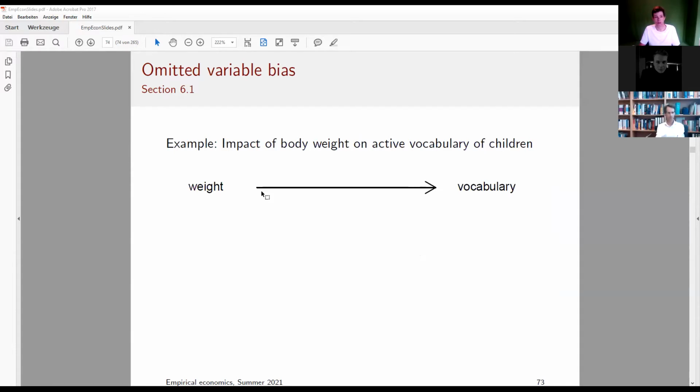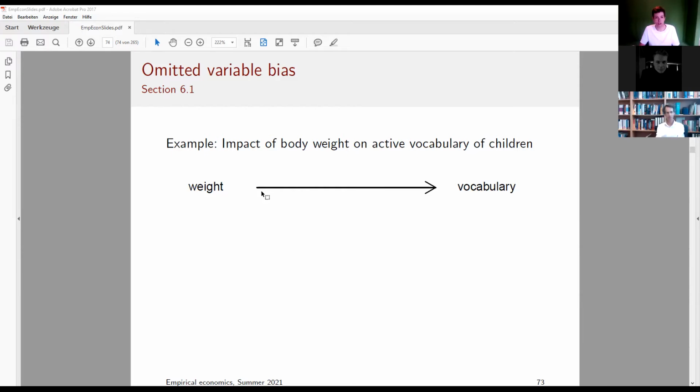If you want to consider factors that influence the vocabulary of children, then you could also, of course, measure the weight of children, and you can measure the vocabulary based on the number of words the child uses per day on average or something like that.